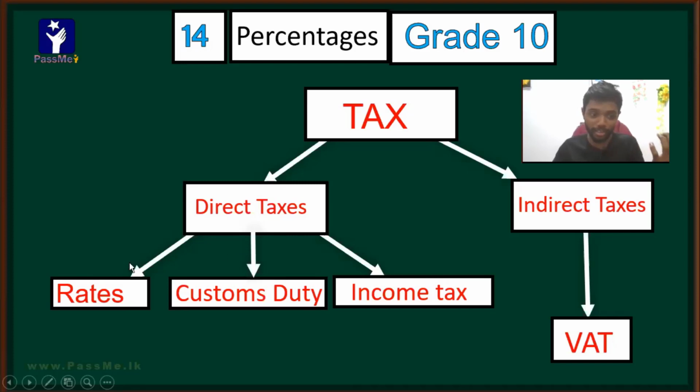For example rates, custom duty and income tax, all the words which are used as direct taxes have a direct impact on our life or our salary or whatever the things which we are getting from our office or the business, whatever business we do or an office, the amount we finally get as a salary, directly impacts it. These direct taxes have a direct impact.